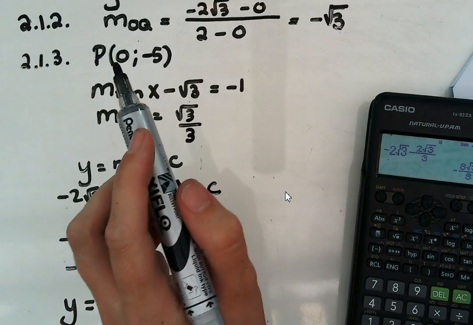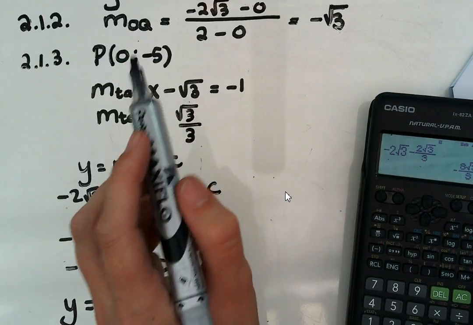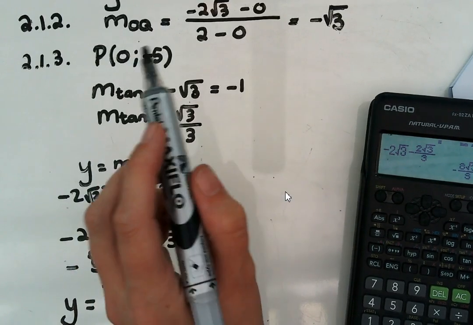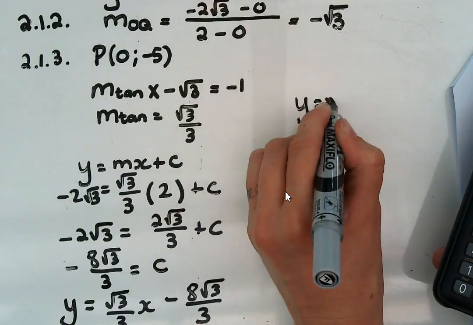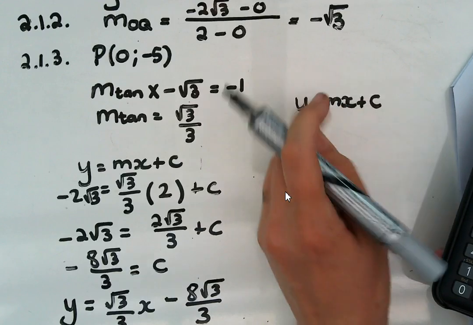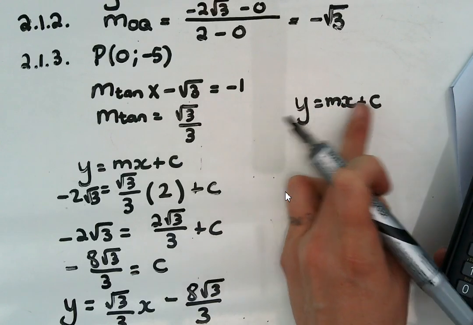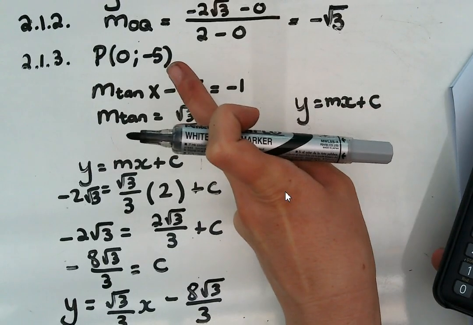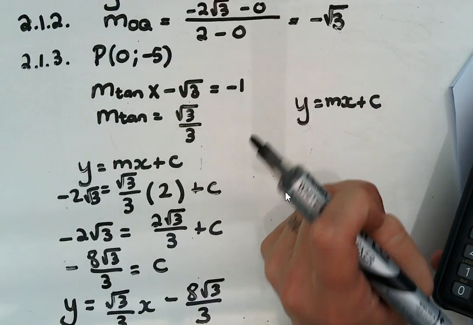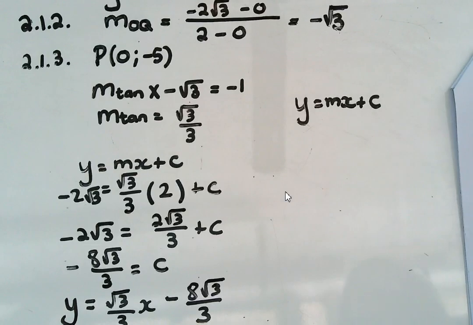This is a y-intercept of the line because the x is 0, so that's where the line cuts the y-axis. And in the equation y is mx plus c, from grade 9, the m is the gradient and the c is the y-intercept. So they basically give you y is -5 for this specific question.